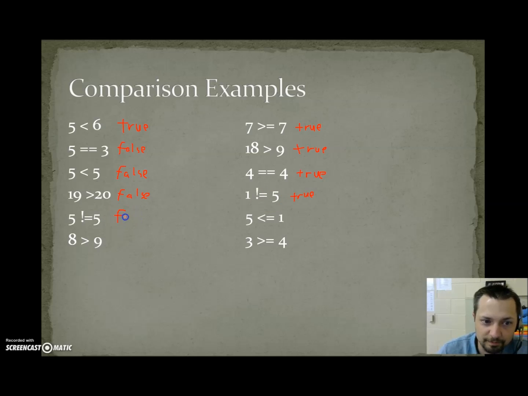That is incorrect. 5 is less than or equal to 1. That is false. 8 is greater than 9. That is false. 3 is greater than or equal to 4. That is false.